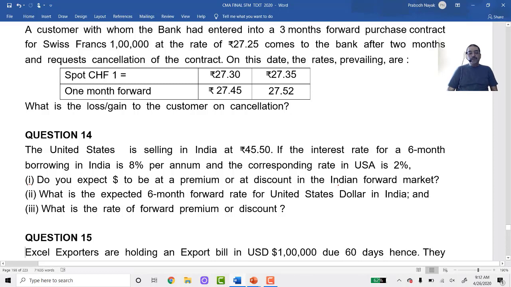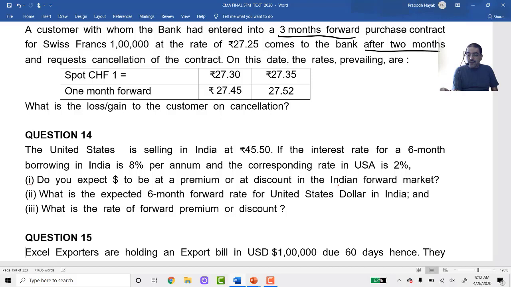A customer with whom the bank has entered into a 3 months forward purchase contract for Swiss francs of 1 lakh at the rate of 27.25 comes to the bank after 2 months. What you have to keep in mind is that it is actually a 3 months contract. He has come again to the bank after 2 months.